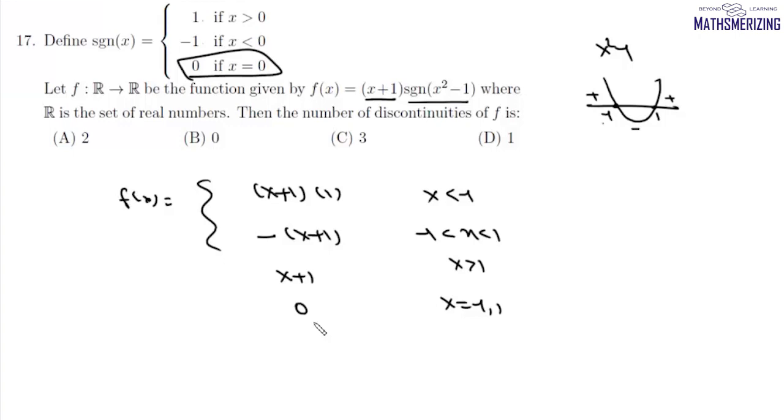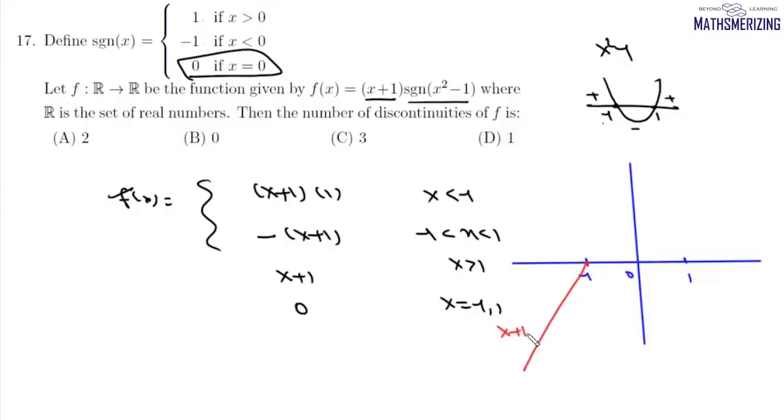Now what we'll do is, we'll draw the graph of f(x). Now when x is less than minus 1, at minus 1 this value will be 0. At minus 2 this value will be minus 1. So we'll have this straight line, so this is x plus 1. At minus 1 this value is 0.